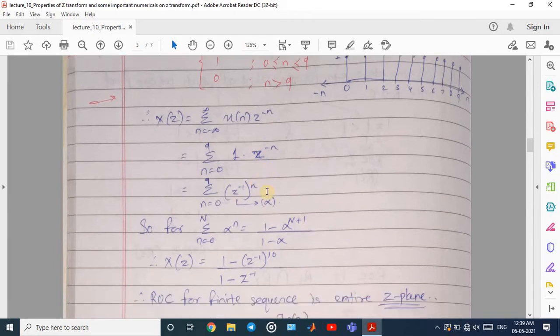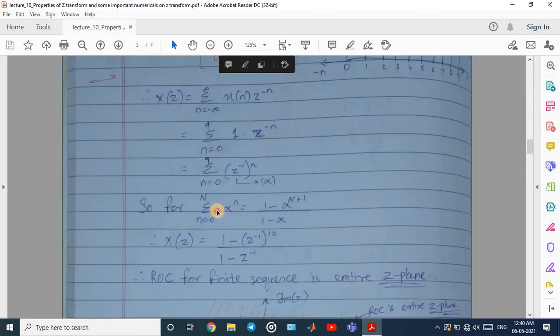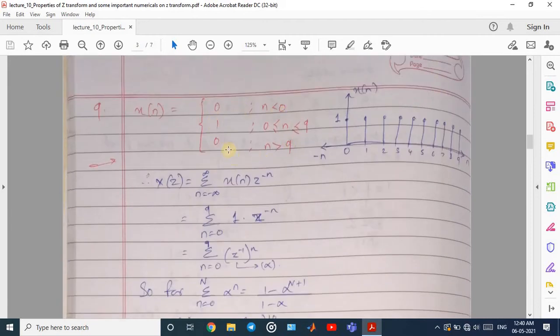For the fundamental equation the summation is n equals 0 to infinity, but here the upper limit is 9, so there is a different formula for this kind of summation. The formula is given as n equals 0 to capital N, some finite value, as we know that this sequence is a finite sequence.